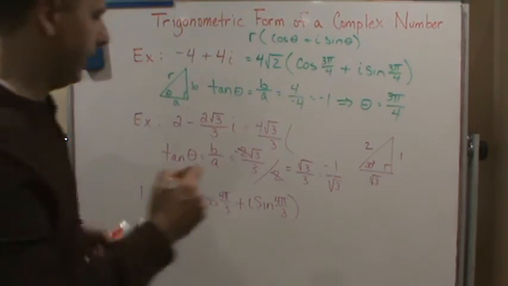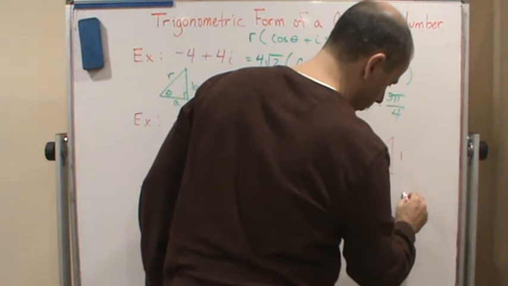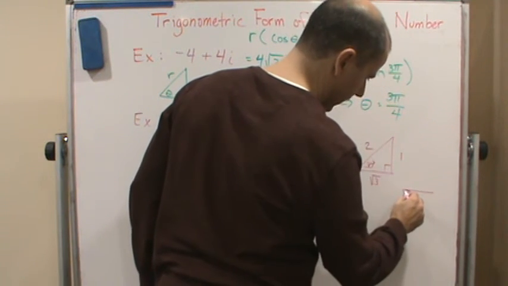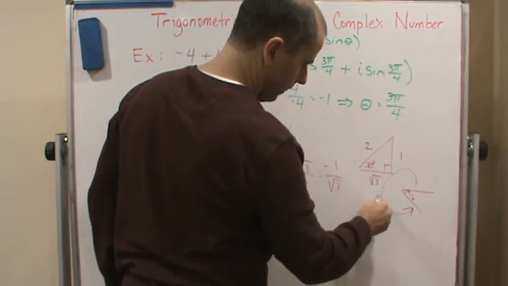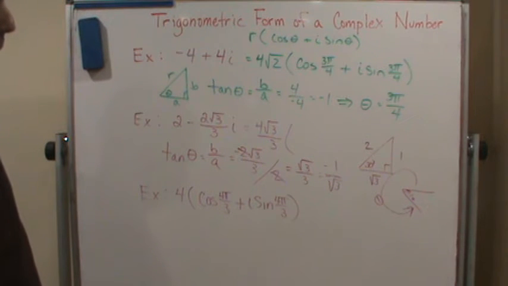Well, again, we use the coterminal angle. So if we're out here, and this is pi over 6, or negative pi over 6, then this is theta. Okay?